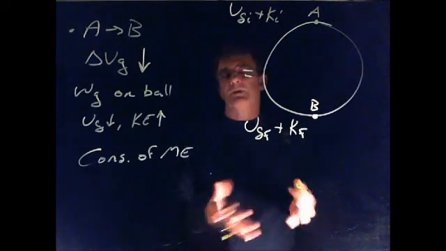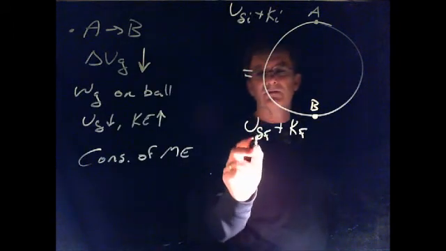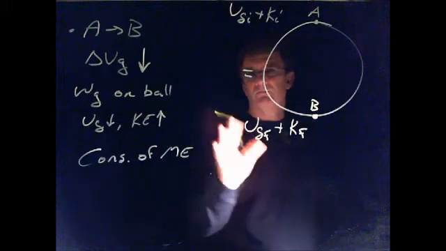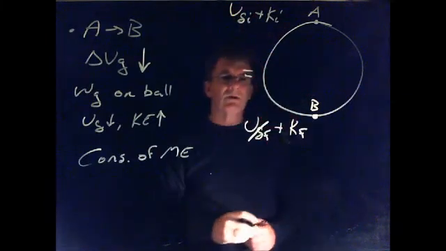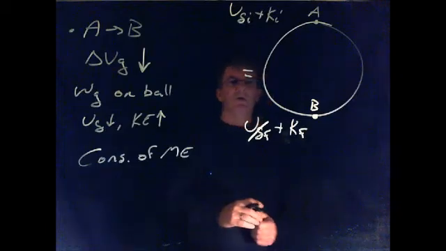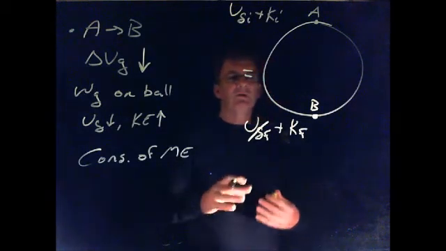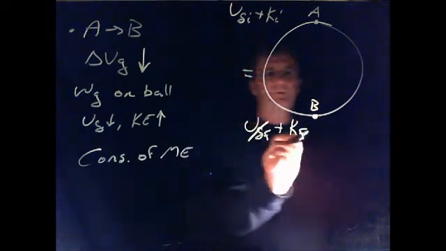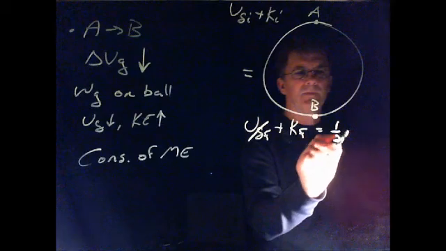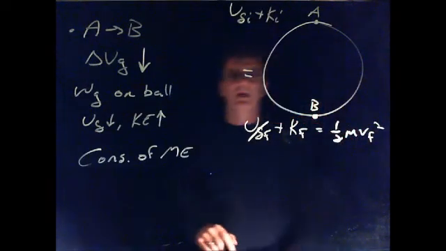If we have no reference to the floor level, there's no reason why we can't define this as 0. Fantastic. Which means all that energy at the top is now all kinetic energy at the bottom. And if we know the kinetic energy and the mass, then we can figure out the velocity.